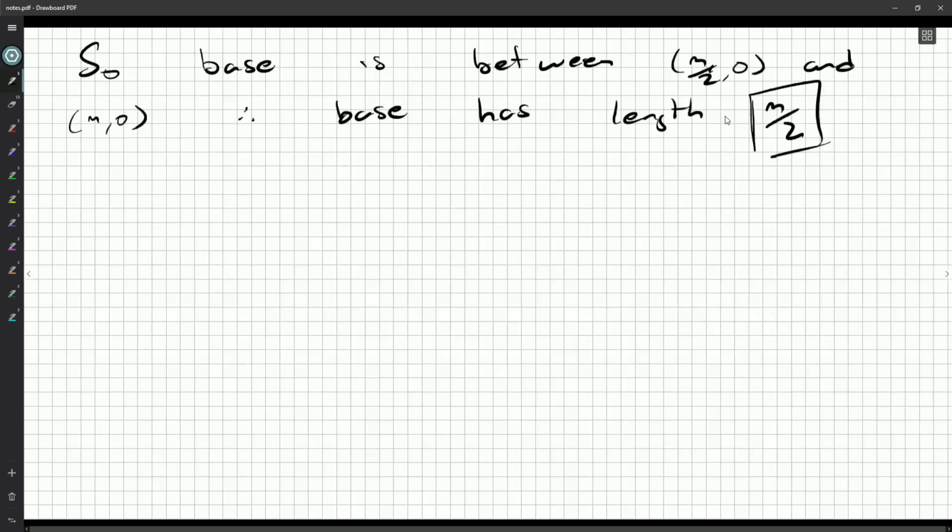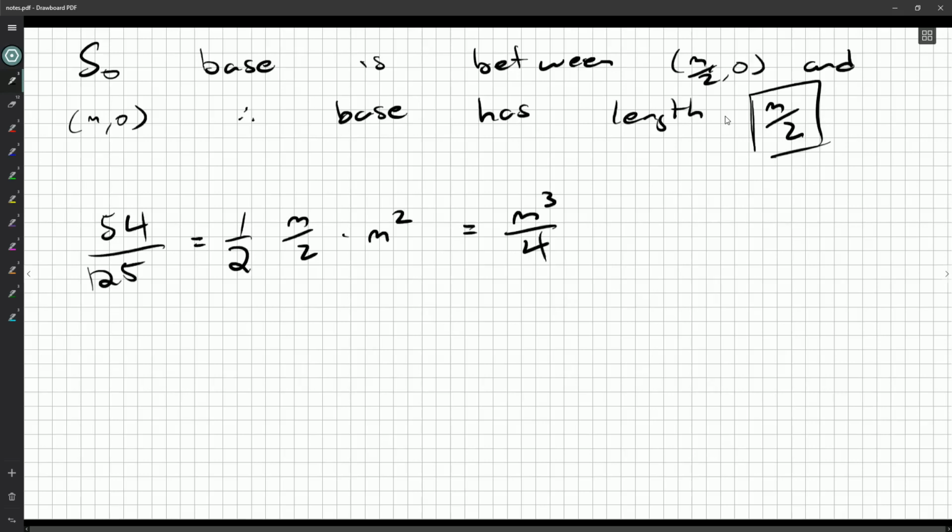Because (m over 2, 0) splits the length along the whole x-axis in half. So the area, it was 54 over 125. That's going to be 1/2 base times height. That'll be m cubed over 4, so multiply by 4.